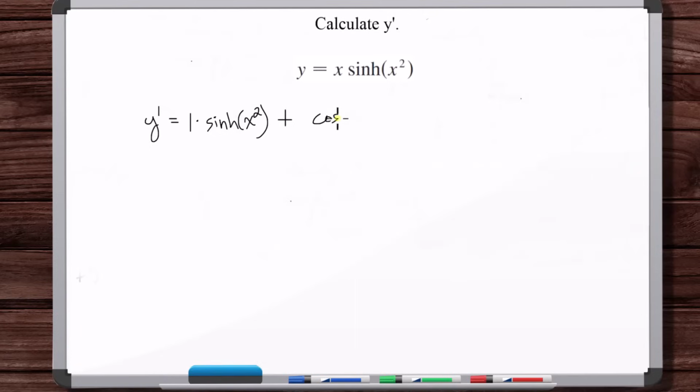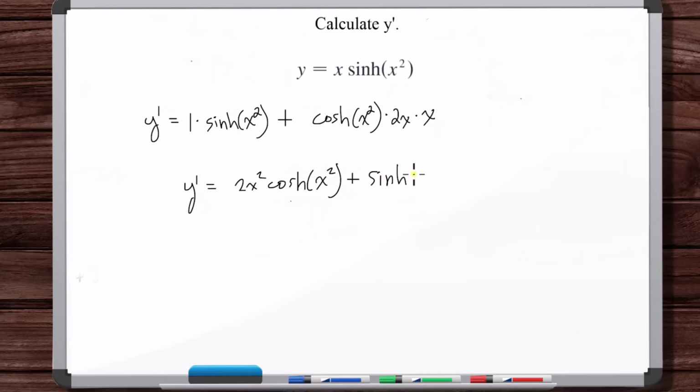So okay, times the derivative of that something, so 2x, times the first. So the derivative of the first times the second, plus the derivative of the second, all of this, times the first. So we've got 2x squared, there we go.